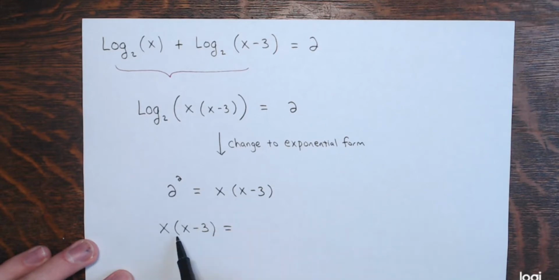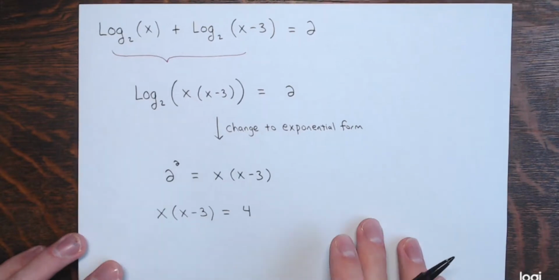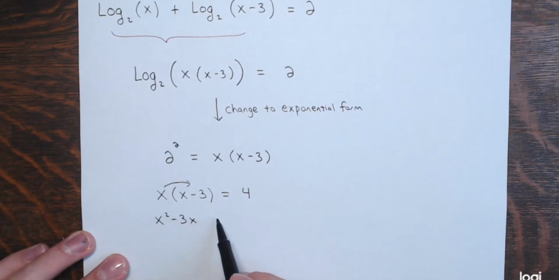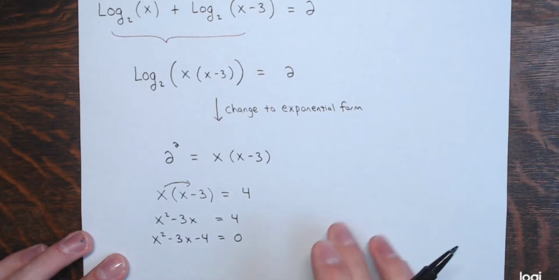So moving that to the left side, 2 squared is 4. And then I'm solving this equation. Distributing this x, we have x squared minus 3x equals 4. Subtract 4 from both sides. Now I can use the quadratic formula, or just factoring.